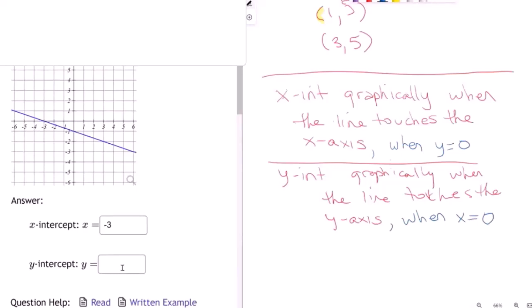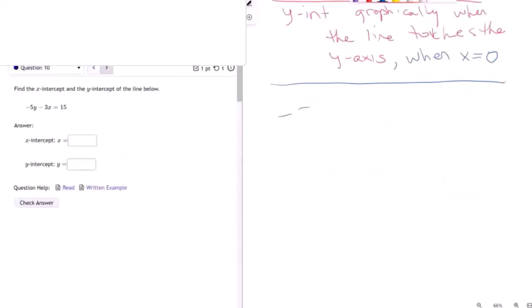So my y-intercept here, we also said was -1. We have -5y minus 3x equals 15. And we want to know, what's the x-intercept? What did I say to do when we have an x-intercept, when we don't have a graph? You use 0 for the y.